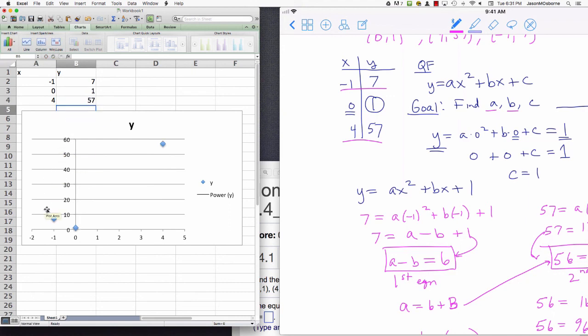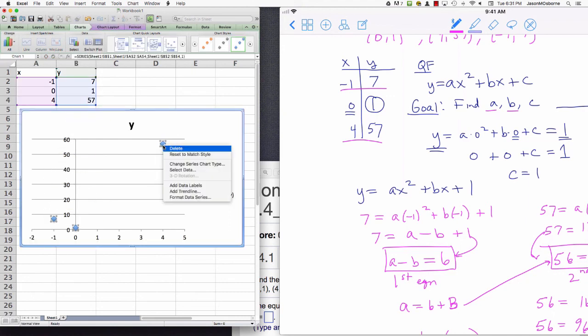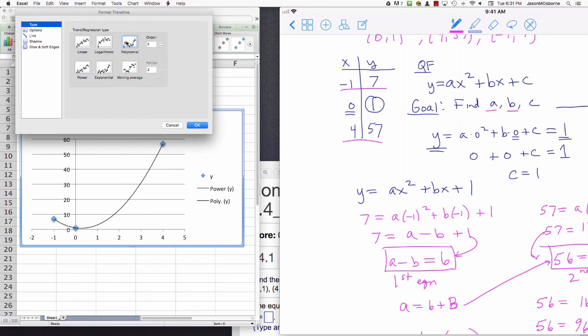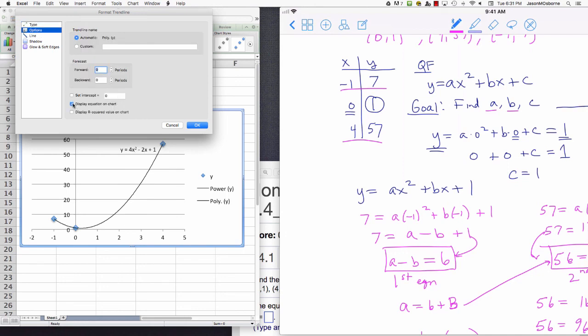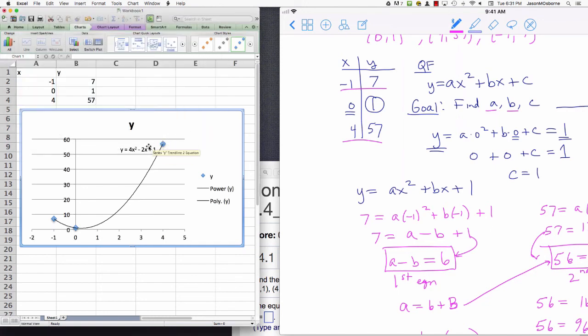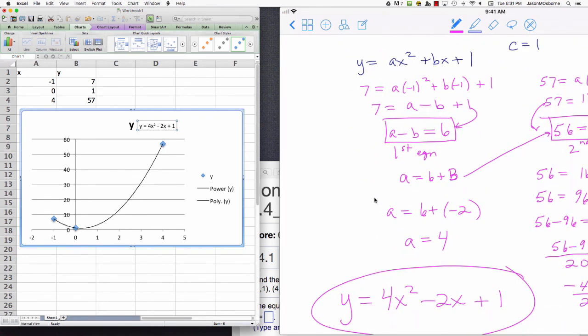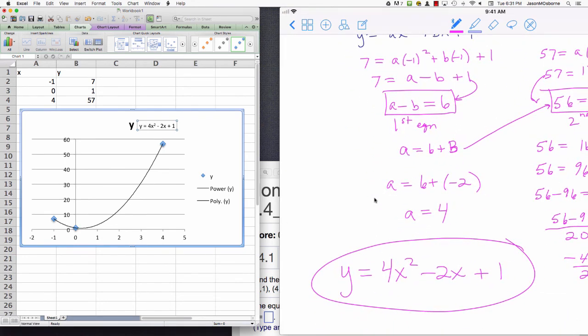So there's our data. Let's right-click on it, add a trend line, and we're trying to fit that data with a polynomial of order 2. Show the options to see what the equation is, and as promised, Excel got 4x squared minus 2x plus 1, and that's what we got.